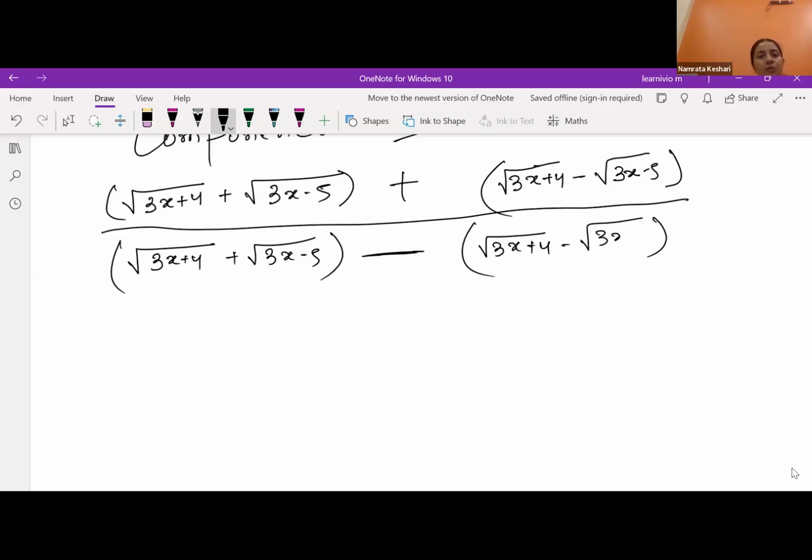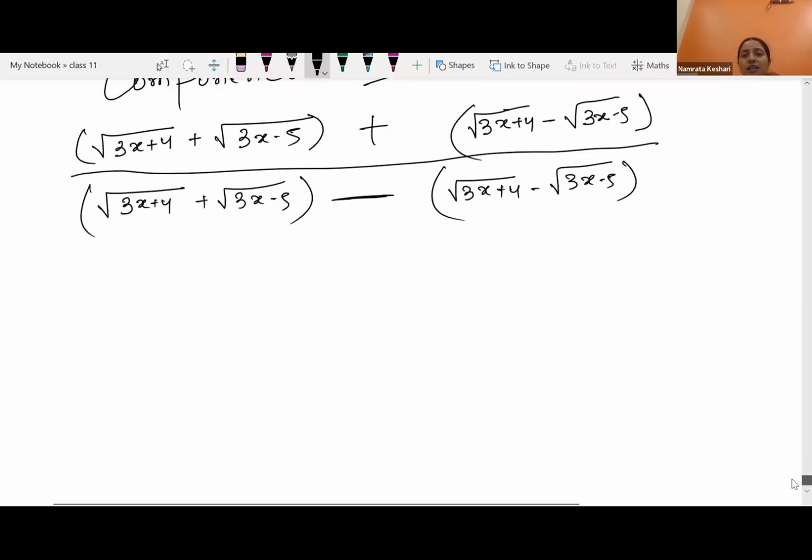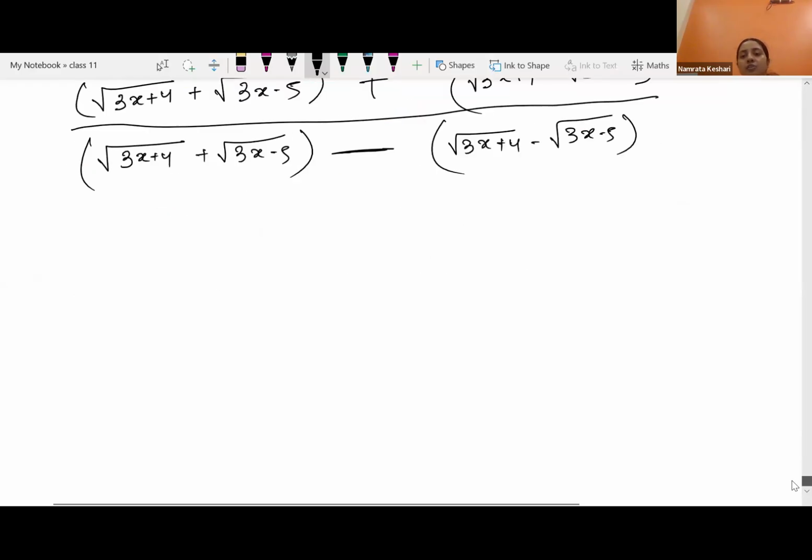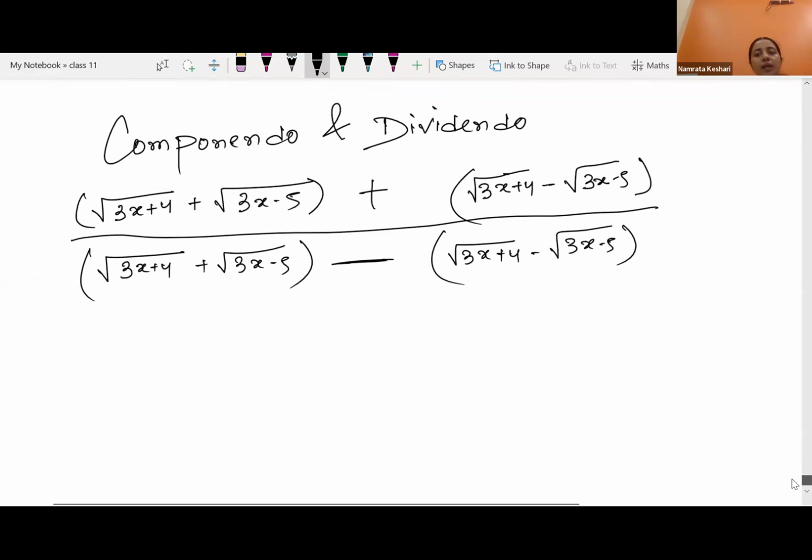But we are not allowed to do it on only one side. Okay, we are bound to do it on both sides. So let's do it on both sides. That side we are having just 9. 9 means 9 by 1. So we will be doing 9 plus 1 by 9 minus 1.